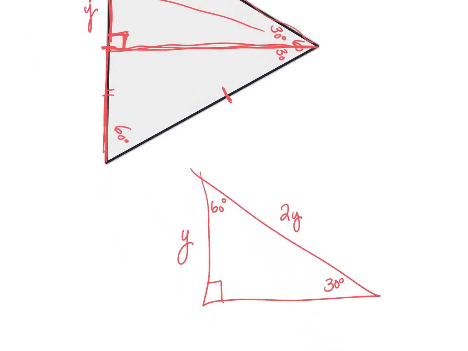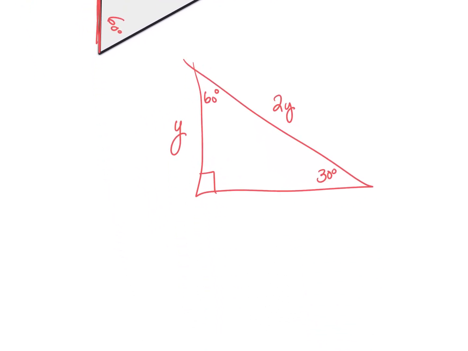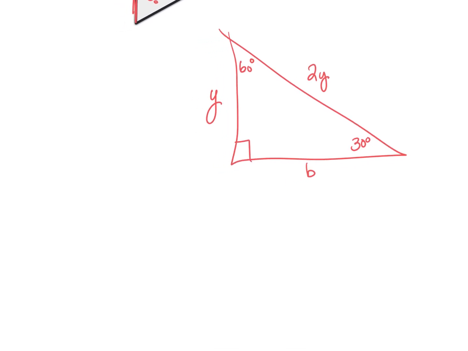Well, I'll just mark this b for now. If I give this a value of 3, that would mean this hypotenuse is double, so that is 6.